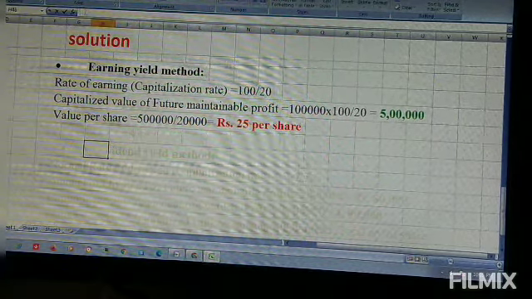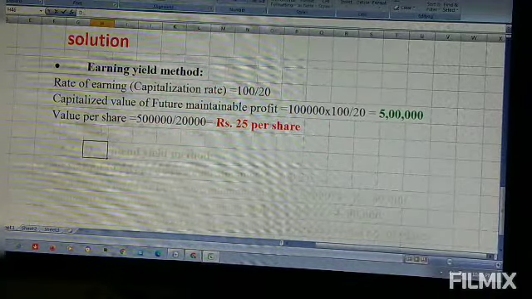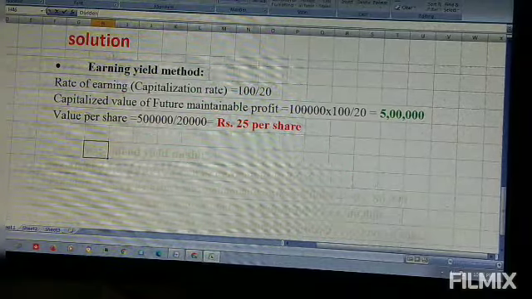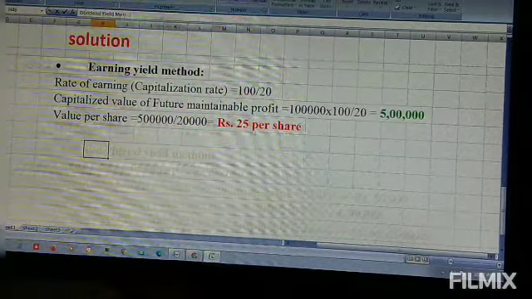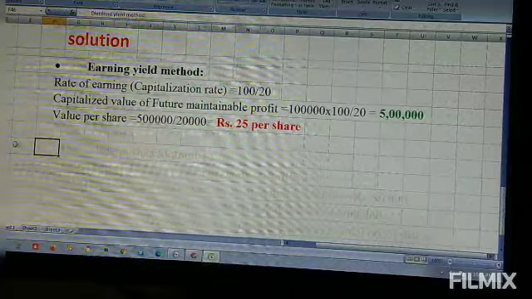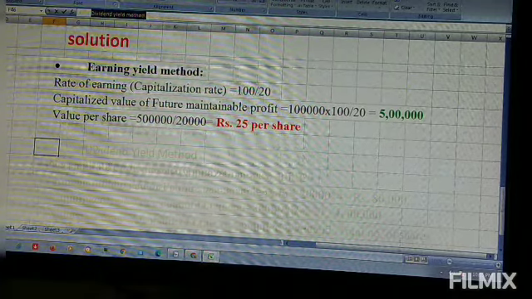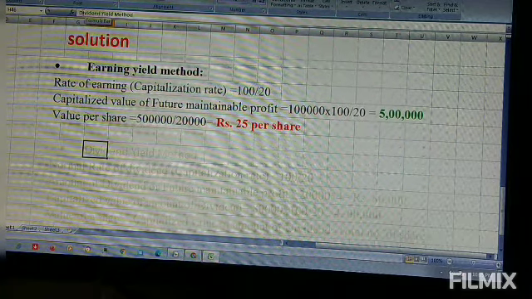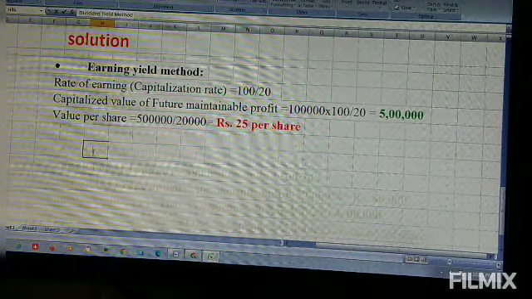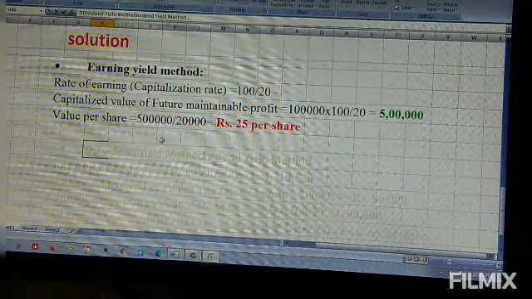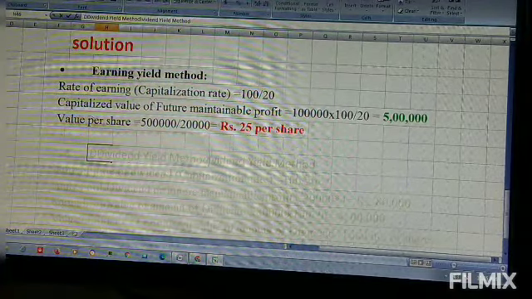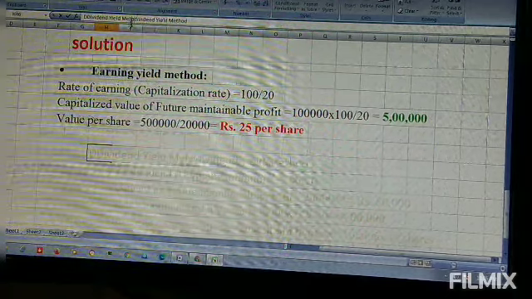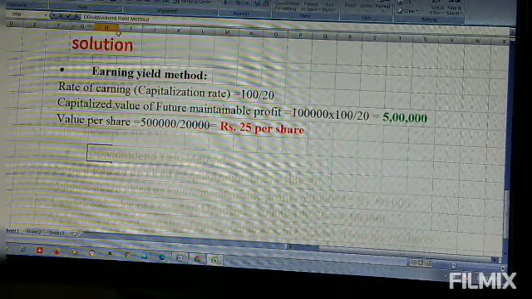Dividend yield method. Copy, paste. Yes, we'll write dividend yield method.